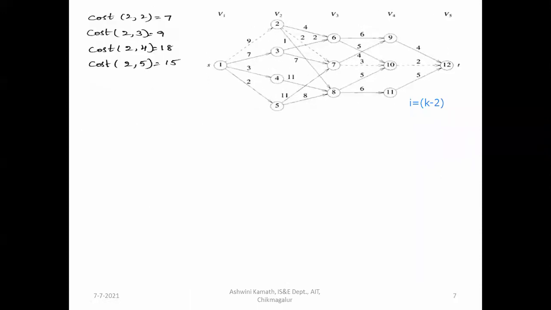Then again decrement the value of I: previously it was 2, now it becomes 1. I is equal to 1, and J will have only 1. In the ith stage we have only one vertex now, and L is equal to 2, 3, 4 and 5.